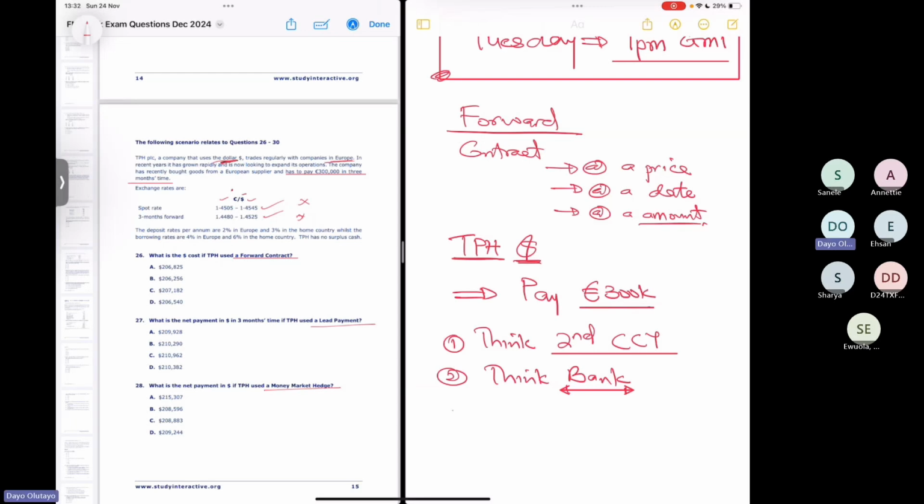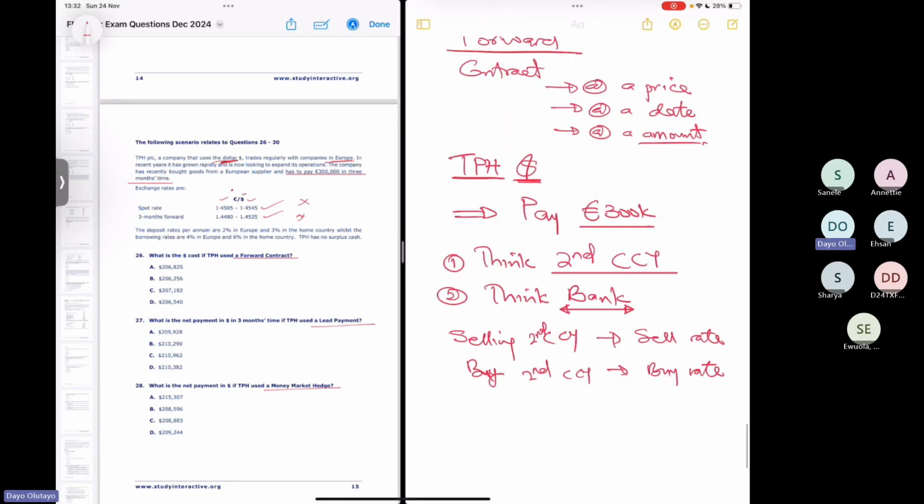So if the bank is selling the second currency, then you are using the selling rate. If the bank is buying the second currency, then you're going to use the buy rate.